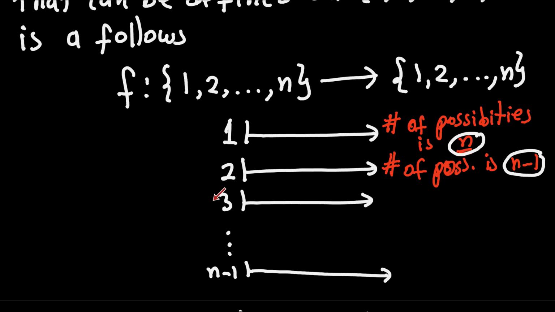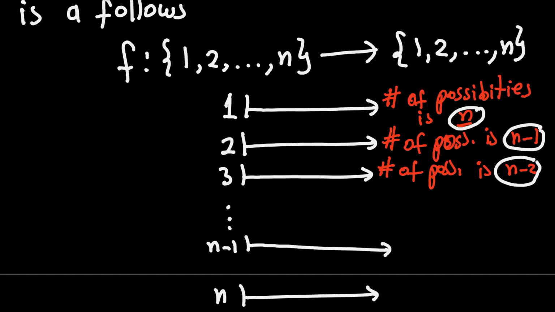So now, because I already chose the values for 1 and 2, I have to subtract 2. So the number of possibilities that I have for this one is n minus 2. And so that will give me the number of possibilities that I have for the number 3. So that would be n minus 2.